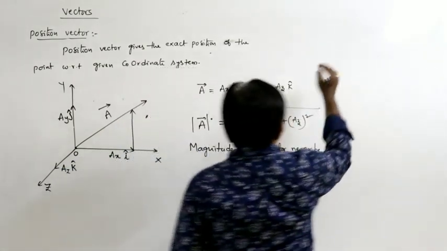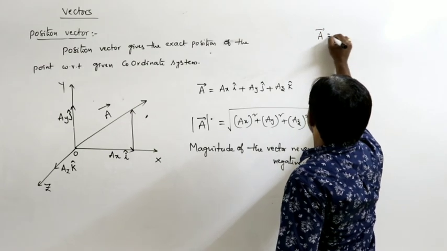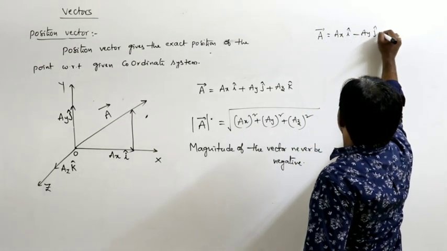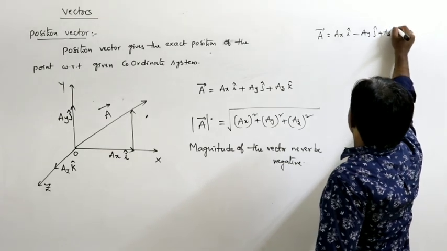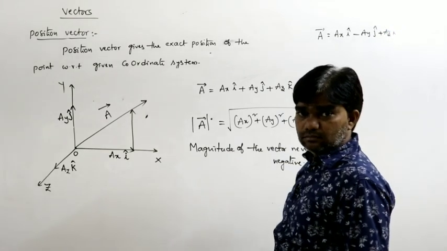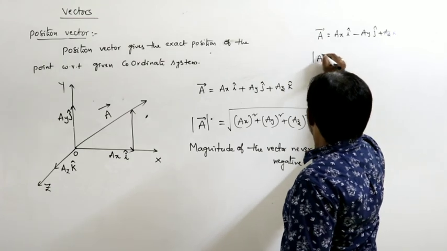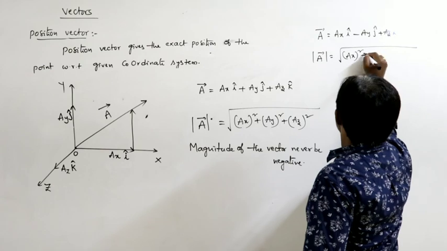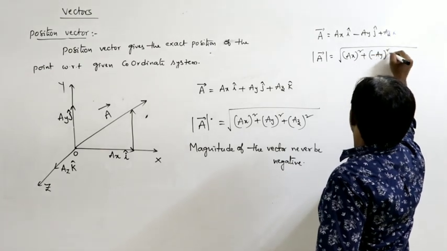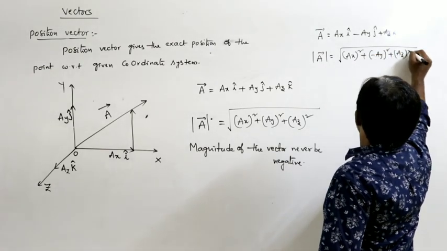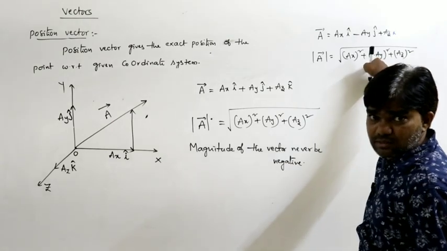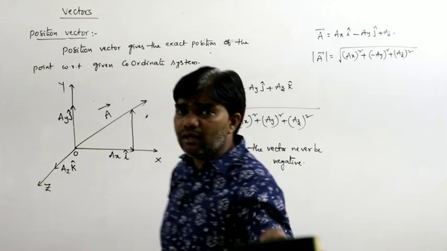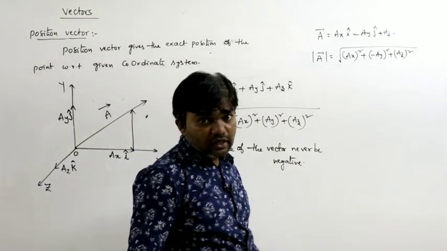For example, let us say the given vector is A bar equal to AX i cap minus AY j cap plus AZ k cap. How can you calculate the magnitude of the vector? A is equal to the square root of AX squared plus (minus AY) squared plus AZ squared. Minus squared becomes plus. That's why the magnitude of the vector is never negative.